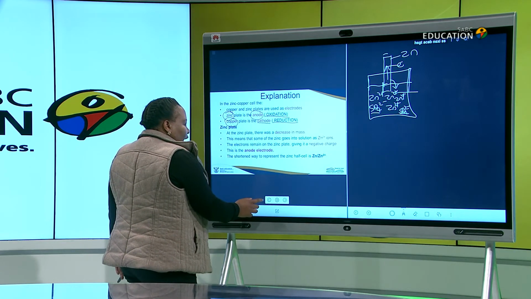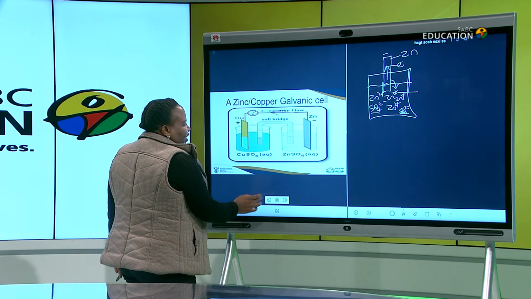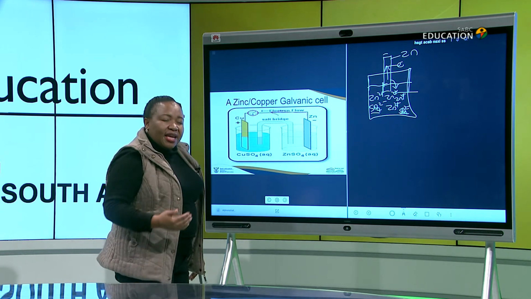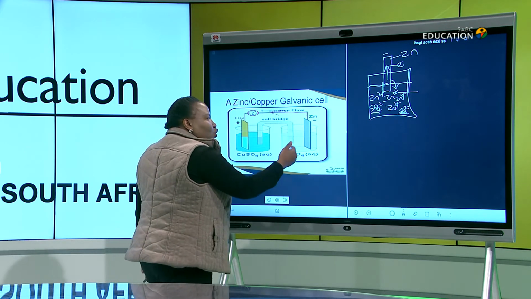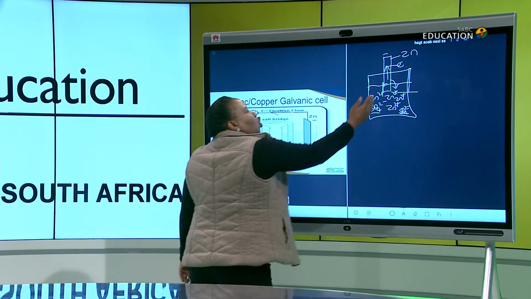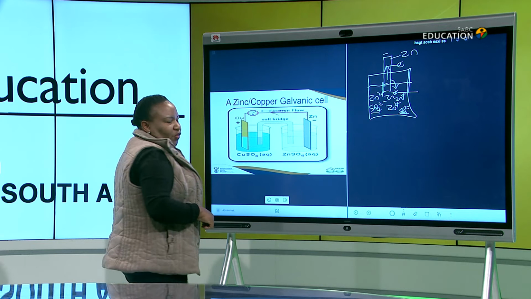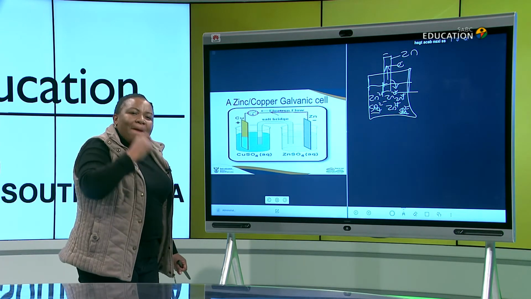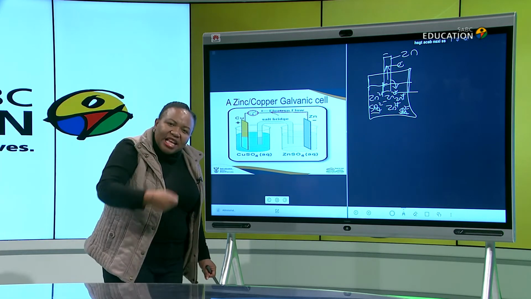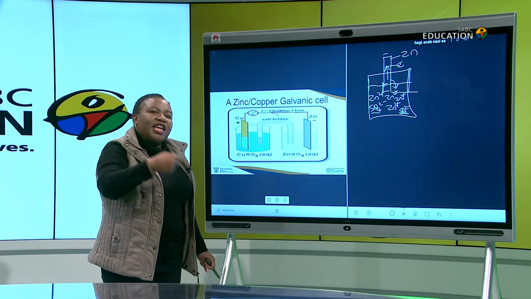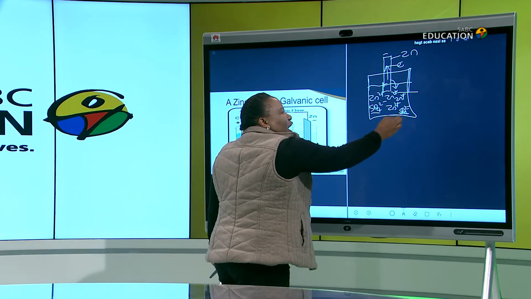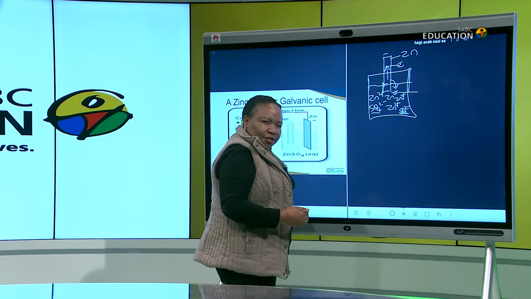That is why when you look at the previous diagram, you can see that the zinc electrode becomes negative. It is very important to say zinc becomes a negative electrode after losing the electrons towards the side of copper. And the electrolyte will start to become more positive.